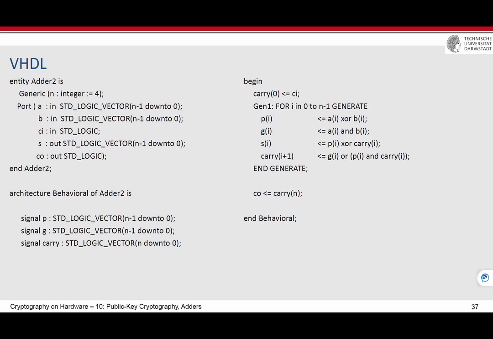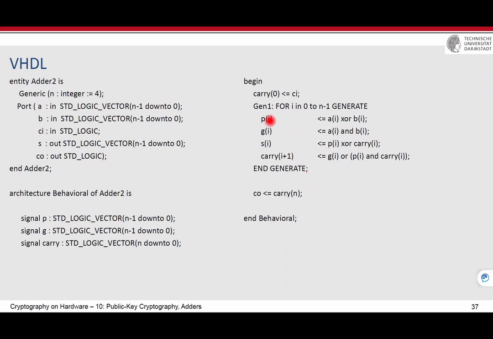The next one is the same way. You have 4 bits as the default for n. What we do here is generate P and G and S. This is somehow a carry look-ahead adder.